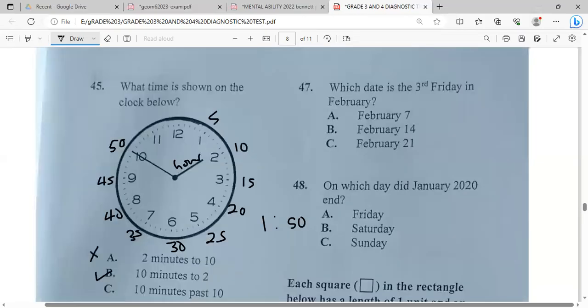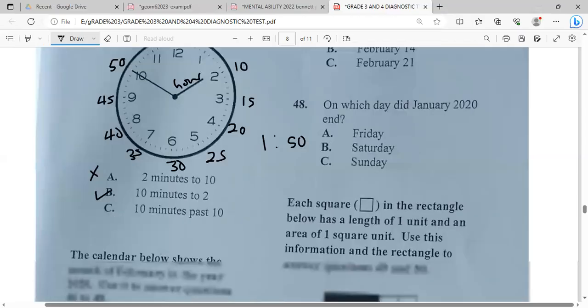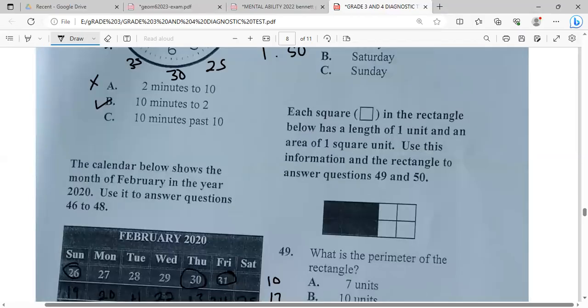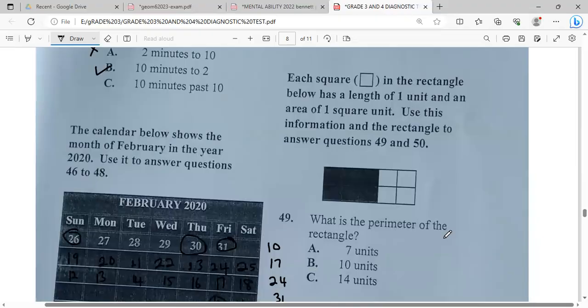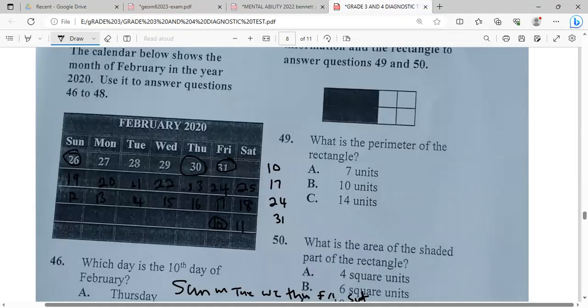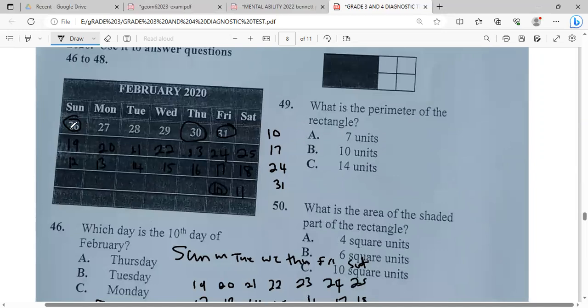47. Which day is the third Friday in February? Which date? Okay. That would be February 21. This is one from my paper. If the Sunday is the 26th, right? That means it's Saturday the 25th. This is the 24th.